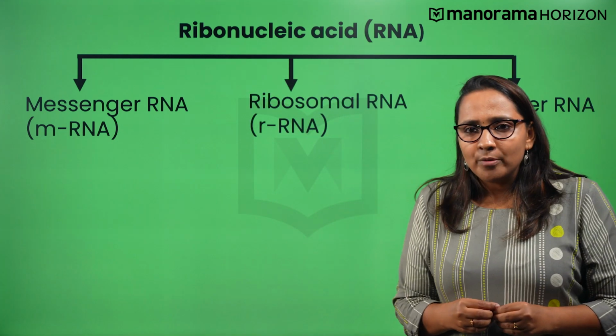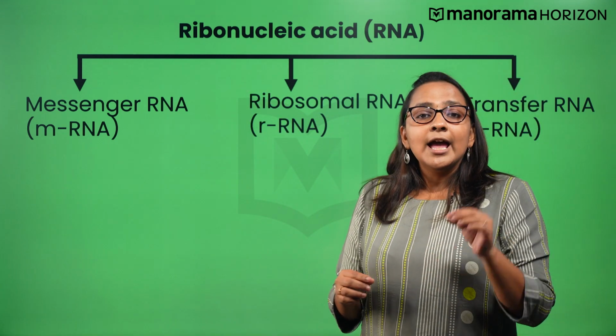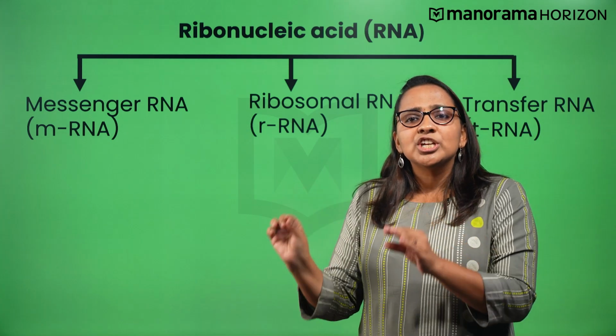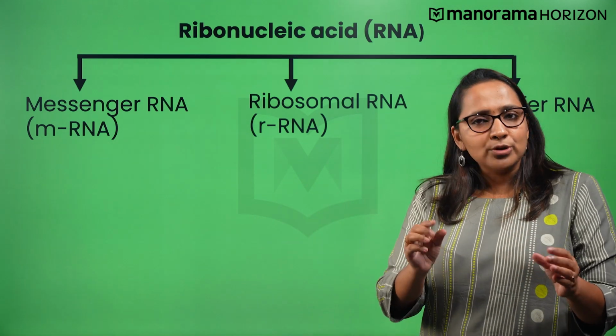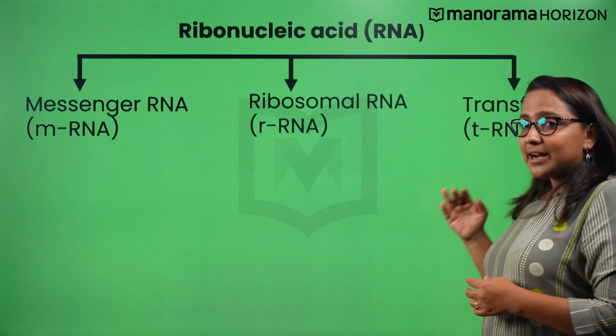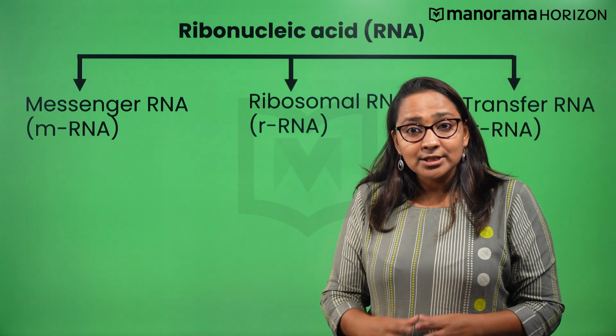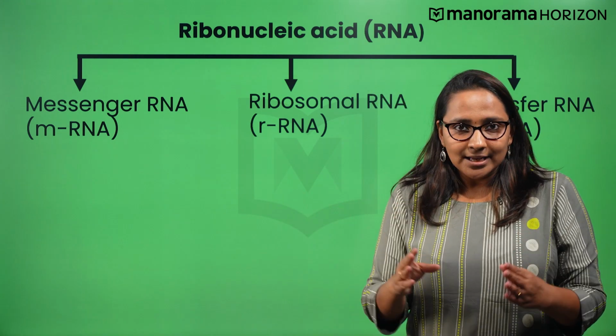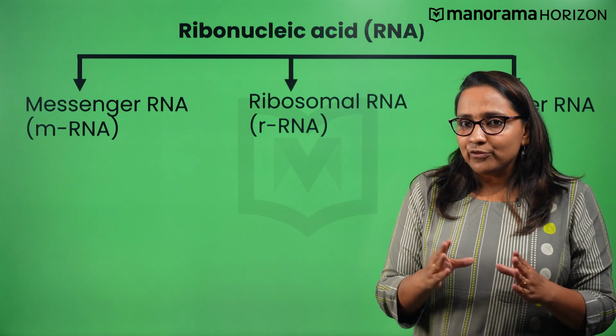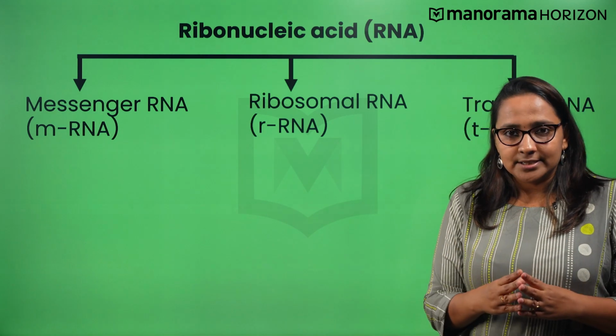Each of these perform different functions. mRNA carries genetic information from DNA to ribosomes, right? tRNA brings amino acids to mRNA and rRNA is involved in the synthesis of proteins.